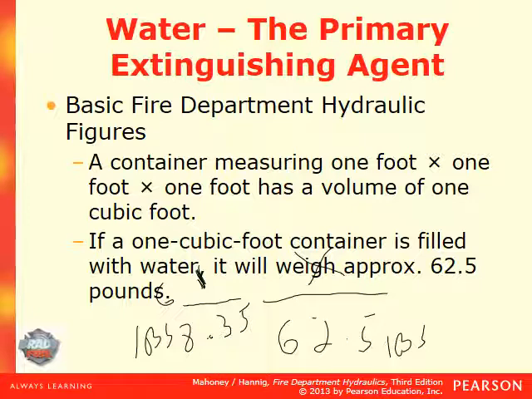Then you take that and divide it by 8.35, which gives us 7.48, or if you want to round it up, 7.49 gallons in 1 cubic foot of water.